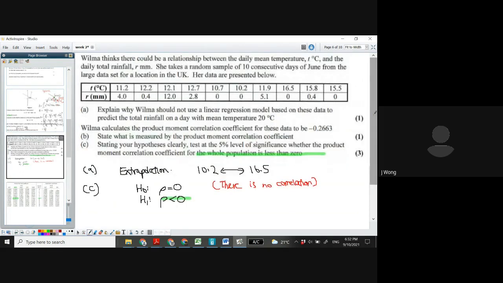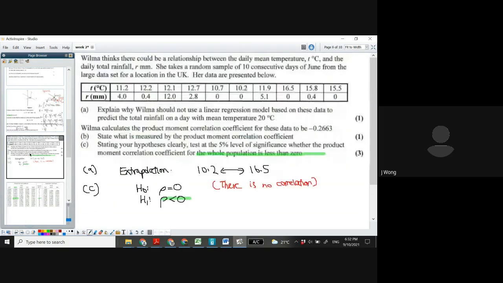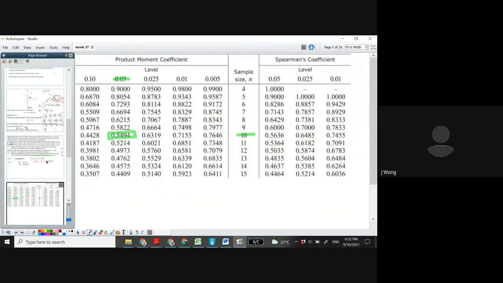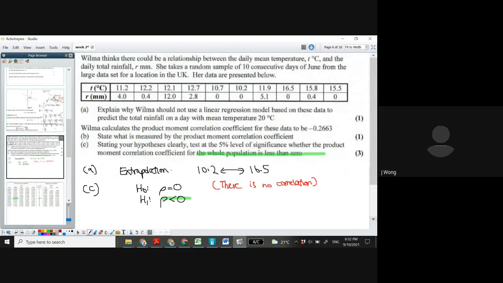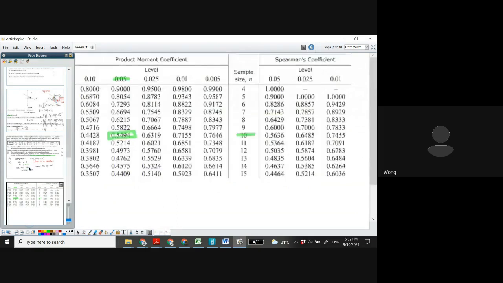Okay, so this table, this number that we just had, helps us to construct the critical region for this test. The number that we obtained is 0.5494. What I'm going to write here, after the hypotheses, is from the table: under 5% significance level, the critical value that we have is 0.5494.